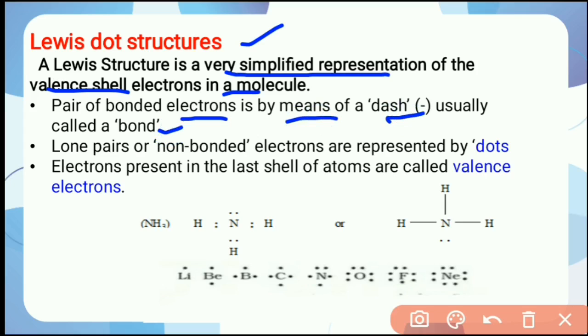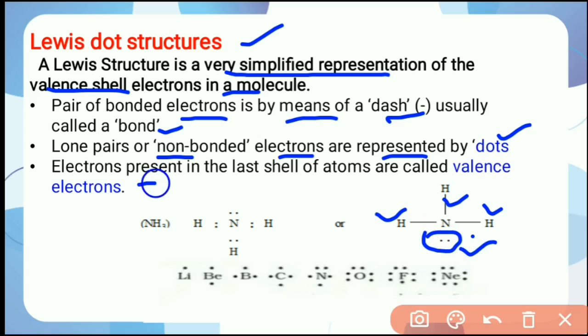In the ammonia molecule, the bonded electrons are represented by dashes. There are 3 bonded pairs present in the ammonia molecule, and lone pair or non-bonded electrons are represented by dots. Here one lone pair is represented by dots.